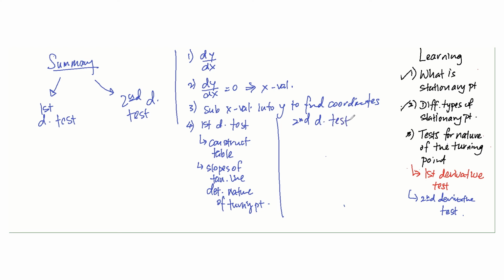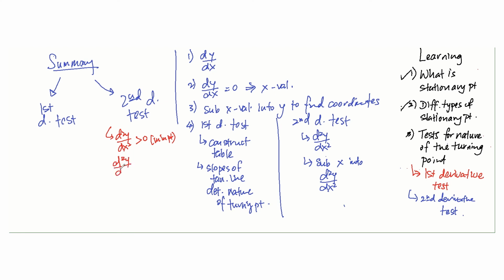Second derivative test method, where you need to go and find out what your d2y over dx squared is, and you sub your x value into your d2y over dx squared to determine. And like I've mentioned earlier on, if d2y over dx squared is greater than 0, we have a minimum point.